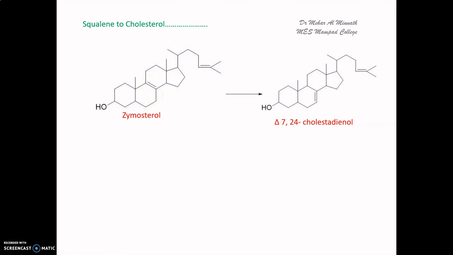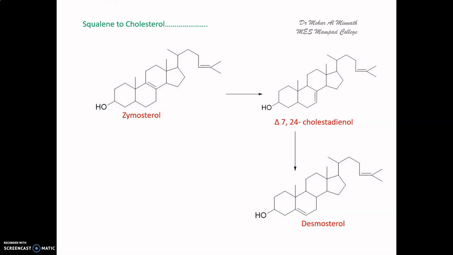Now, this 7,24-cholestadienol then gets converted to desmosterol. Now, in this desmosterol, there is again migration of the double bond.